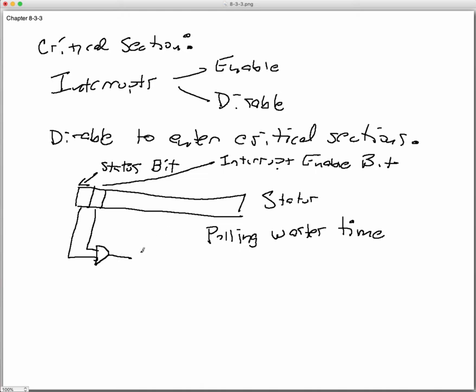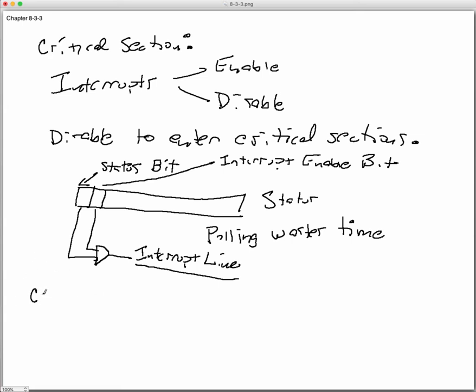And this over here is called the interrupt line. We can see that the interrupt line only goes high when we've enabled interrupts and there is actually something to do. In other words, when the status bit is a 1, which means that there's either a keystroke to read or there is a character to display. Now, the question is where does this interrupt line go? Very good question.